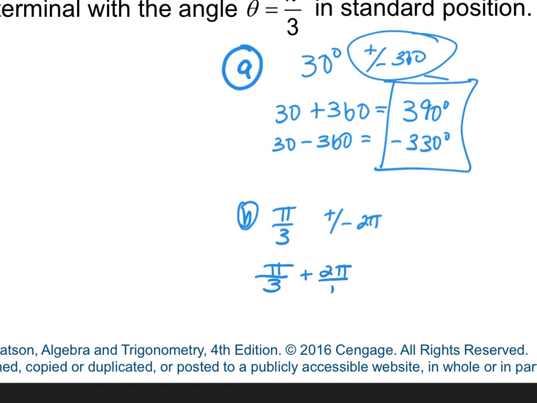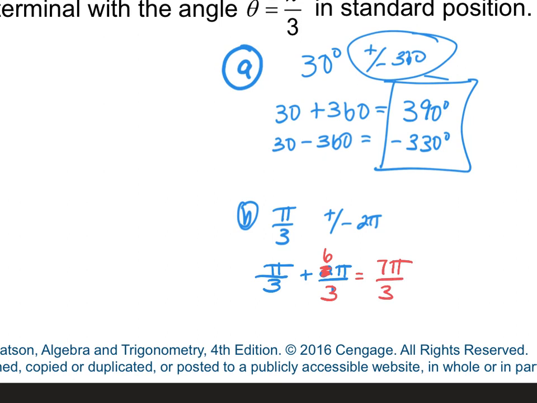What's a common denominator between 3 and 1? 3. Would you guys agree with me? If I multiply the bottom here by 3, I have to multiply the top by 3, right? So 3 times 2 is 6. So a positive coterminal for this would be 1 pi plus 6 pi gives me 7 pi over 3.